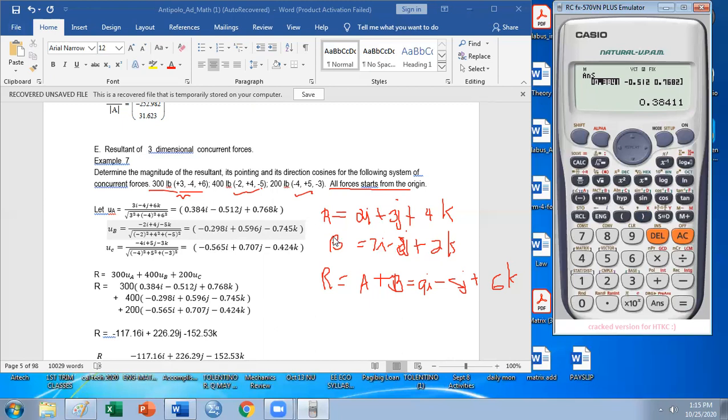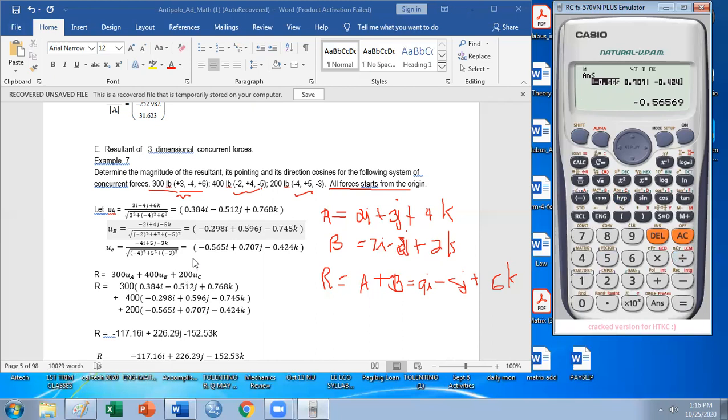Ganito rin ang pagkuha ng unit vectors. Ganon din dito, shift 5, 4 divided by absolute value of shift 5, 4 para makuha mo yung unit vector dito. All the same as this one, shift 5, 5 divided by absolute value of shift 5, 5.